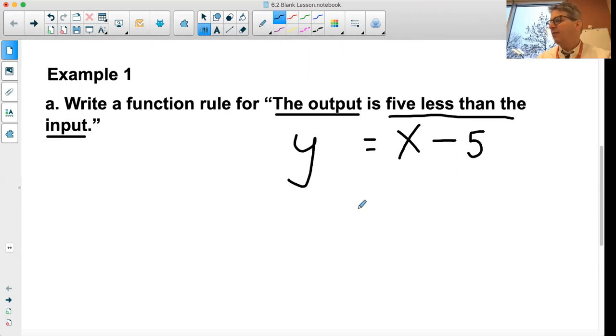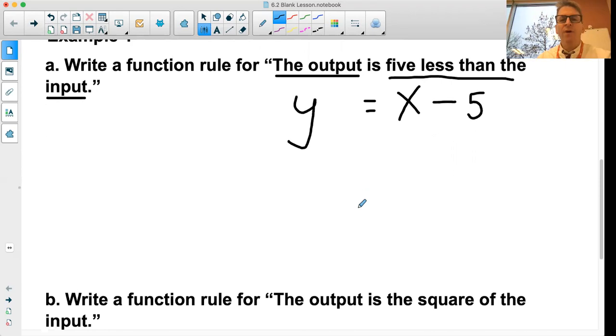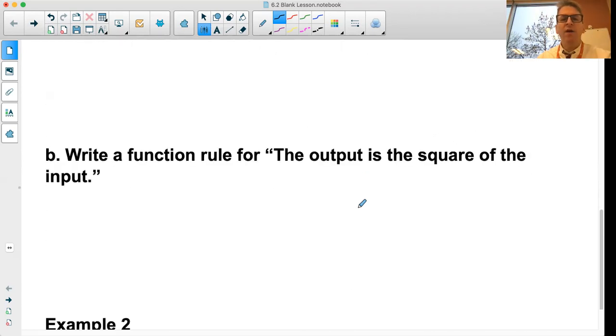Letter B, write a function rule for the output is the square of the input. The output is the square of the input. So again, the output y is, which is equals, the square of the input would be your x, and then if you're taking the square of the input, you would square it.